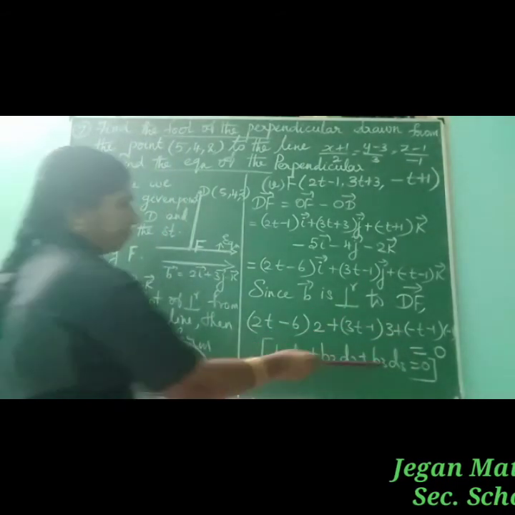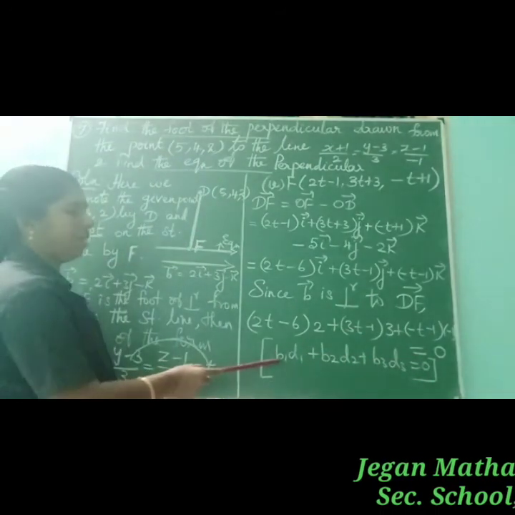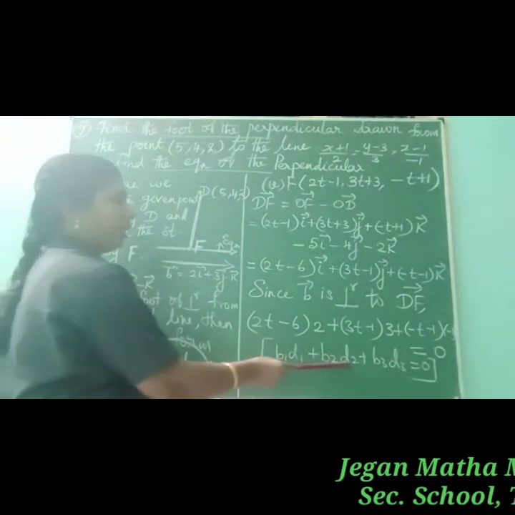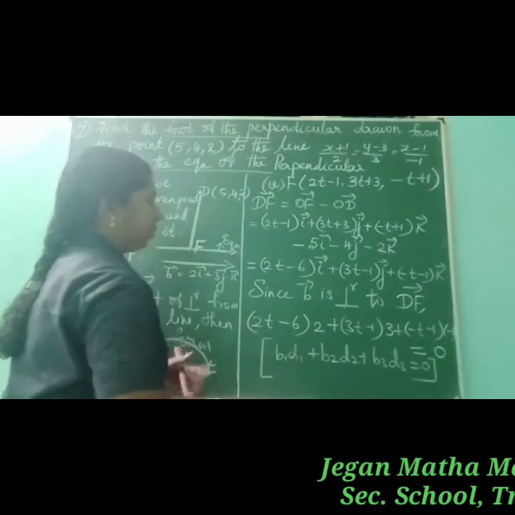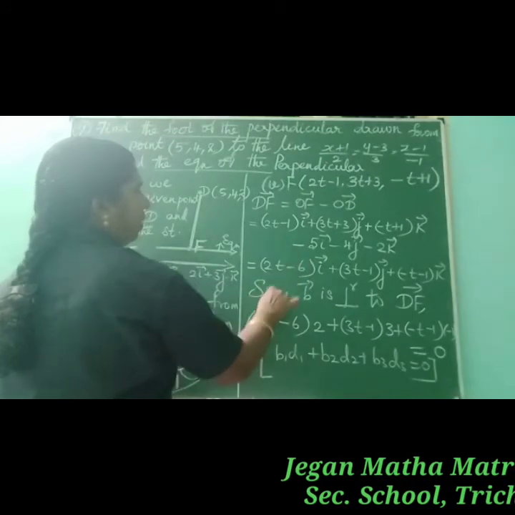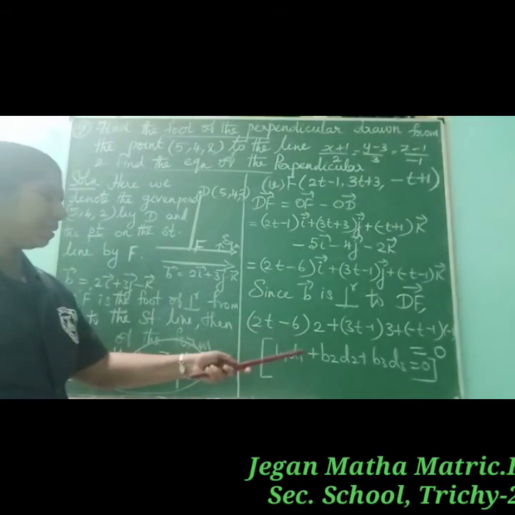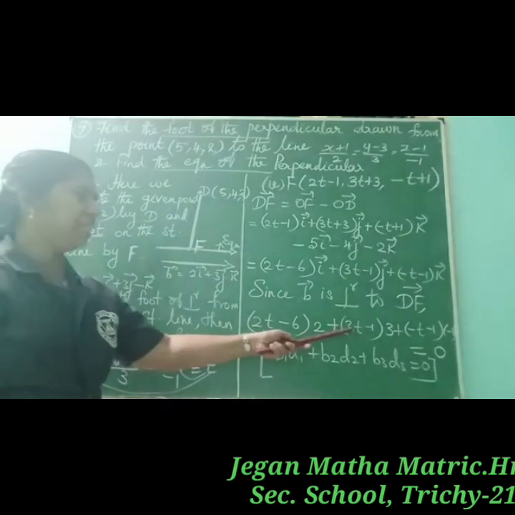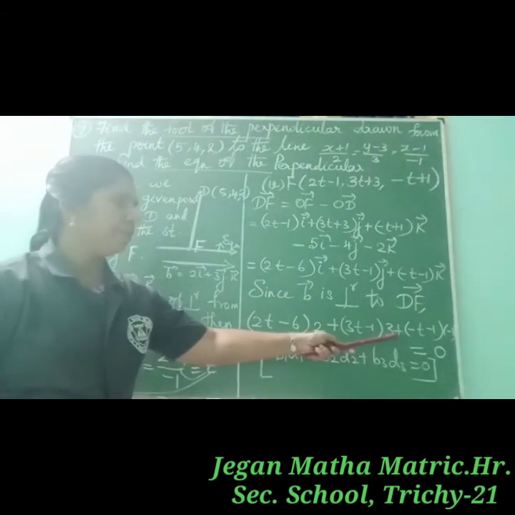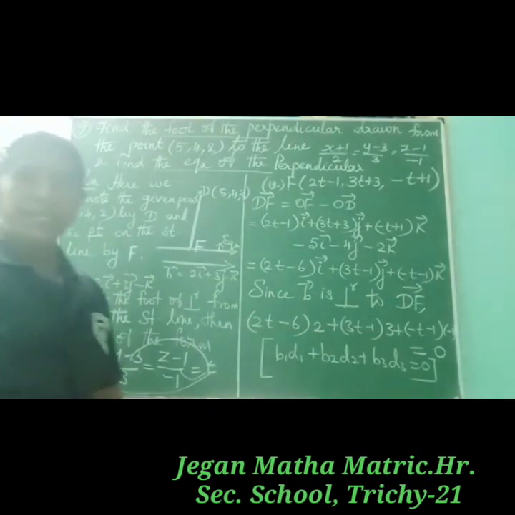This is the condition we have already discussed: b1d1 + b2d2 + b3d3 = 0. So taking the values of the b vector and the DF vector, we get (2t - 6)(2) + (3t - 1)(3) + (-t - 1)(-1).